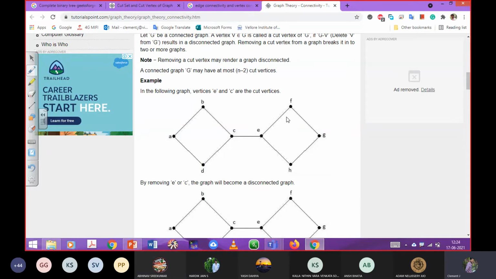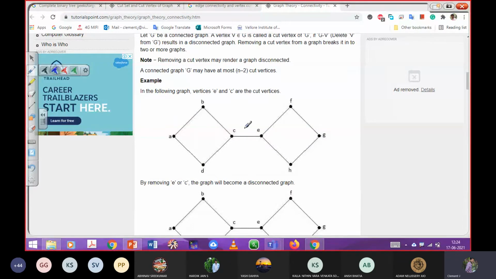If I cut this CE edge, certainly this graph will take the shape of two components. So here I have removed the edge CE so that it formed two components. Both the components are subgraphs of this original graph. Here I have taken only one edge.